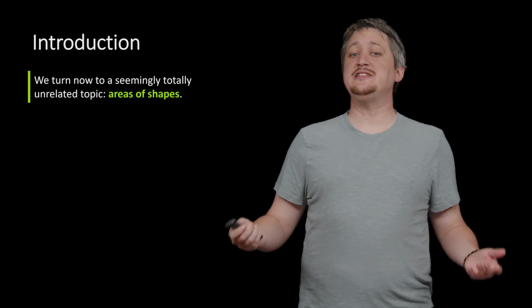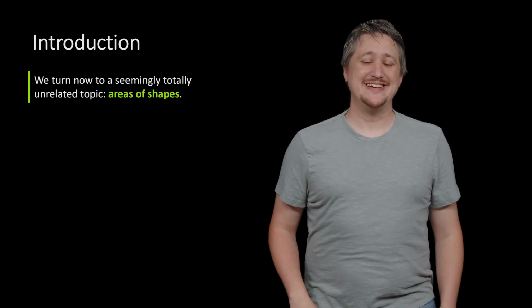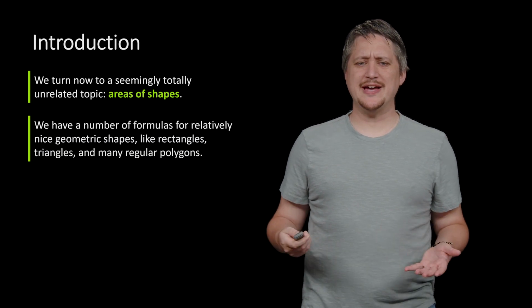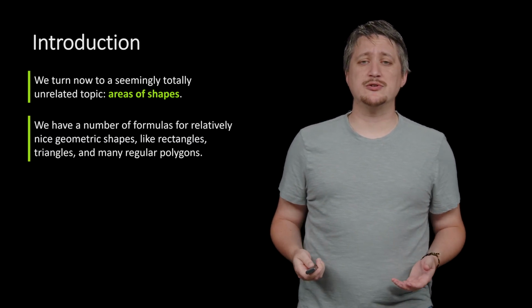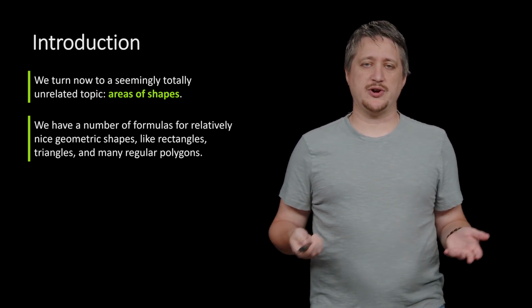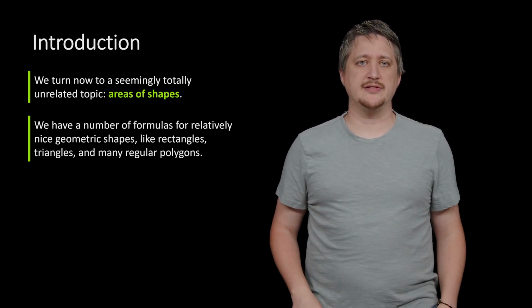Hello. So, in this video, we are going to turn to a seemingly totally unrelated topic, in particular, areas of shapes. So, we have a number of formulas for relatively nice geometric shapes. We have formulas for rectangles, triangles, a bunch of regular polygons and things.